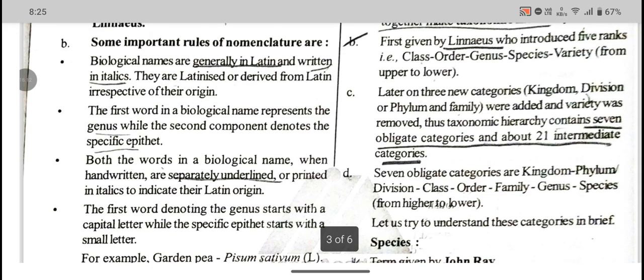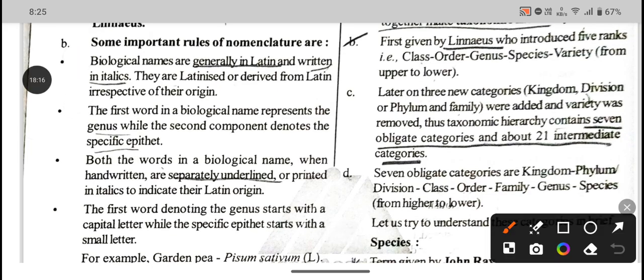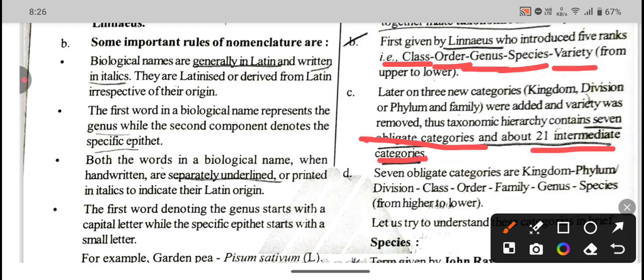This was first given by Linnaeus, who introduced five ranks, that is class, order, genus, species, variety, from upper to lower. Later on, three new categories, kingdom, division or phylum, and family, were added, and variety was removed. This taxonomic hierarchy contains 7 obligate categories and about 21 intermediate categories.